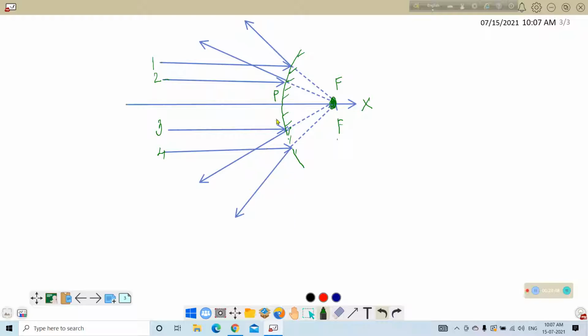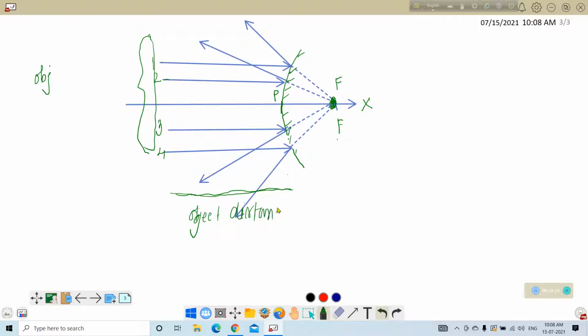Now note this. In this case, object space or object distance is positive. We have considered this entire space to be object space, and the rays are coming from an extended object, suppose here. So distance should be measured from the pole. So this distance, that means object distance, is negative distance.